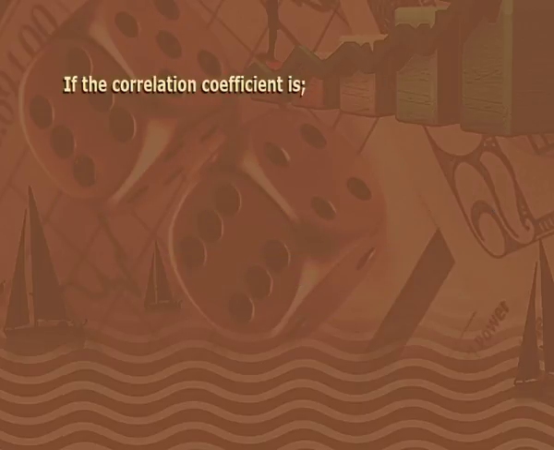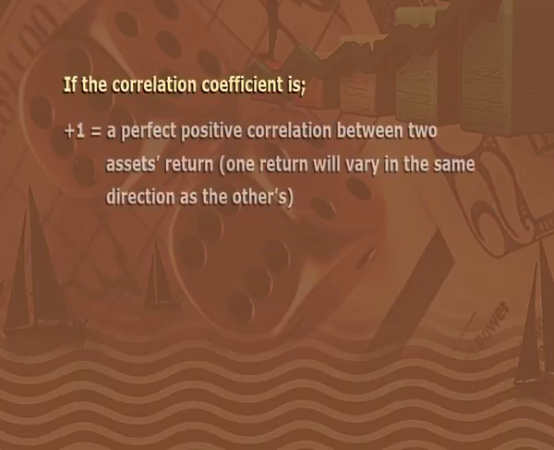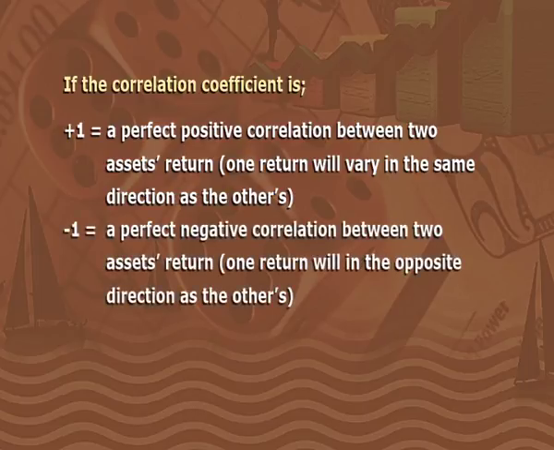If the correlation coefficient is +1, that means perfect positive correlation between 2 assets return. One return will vary in the same direction as the others. -1, that is a perfect negative correlation between 2 assets returns.